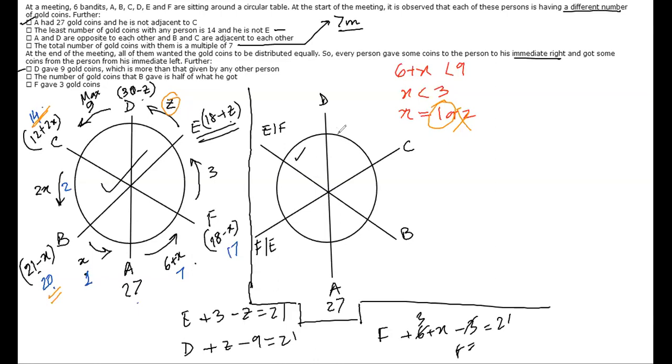Because in every properly set LR question, every piece of information that is given has a role to play. The fact that you have mentioned that 14 is the least alone should have been sufficient to answer this question. But why would they give you that he is not E information? So that when you try the other arrangement, you will come across that case where E becomes 14 and hence will be eliminated.